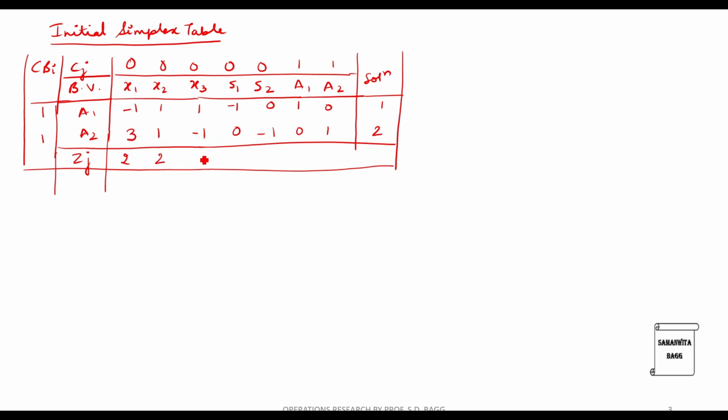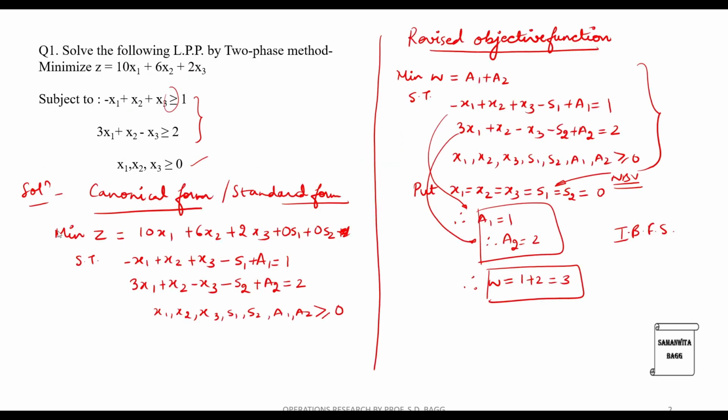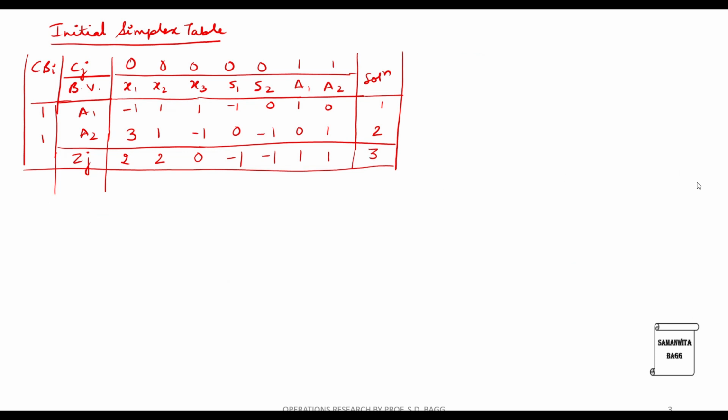This is 1 minus 1, 0. This is minus 1, minus 1, 1, 1. Here it is 1 plus 2, 3. What you obtain over here is this value of W that you just obtained. 1 plus 2 is 3. So this is what you obtain in the first form over here.